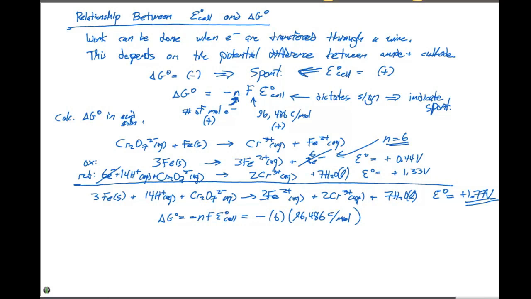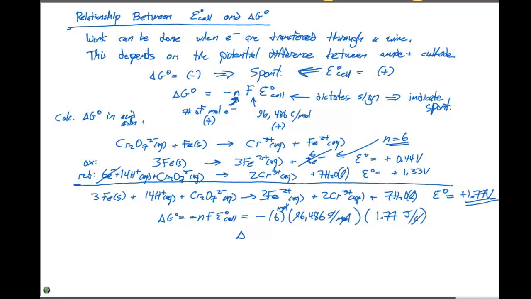And I guess we should say that this is 6 moles of electrons being transferred. And then this is multiplied by positive 1.77 volts. Remember that a volt is in units of joules per coulomb. So our moles cancel out here, our coulombs cancel out, and we're left with joules.